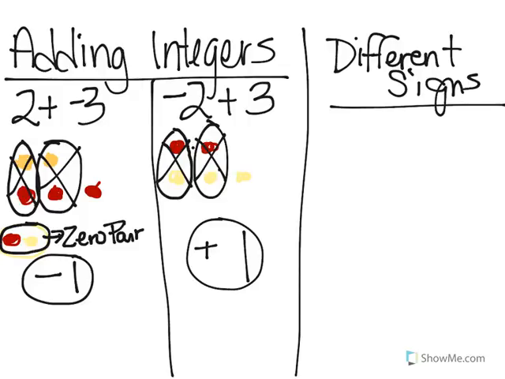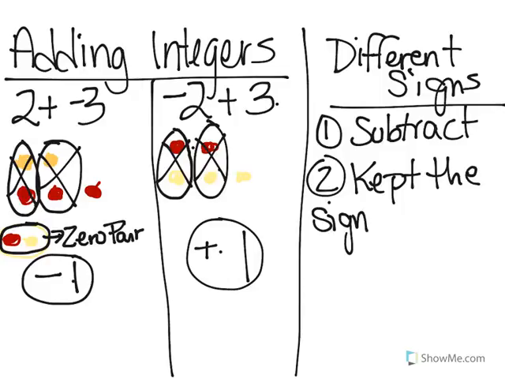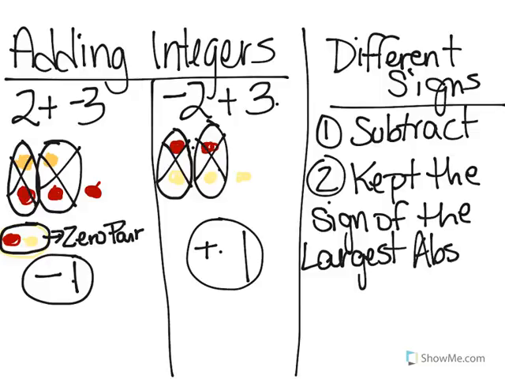So my rule is that I'm going to subtract my numbers, 3 minus 2 is 1, but I keep the sign of the number that has the largest absolute value.